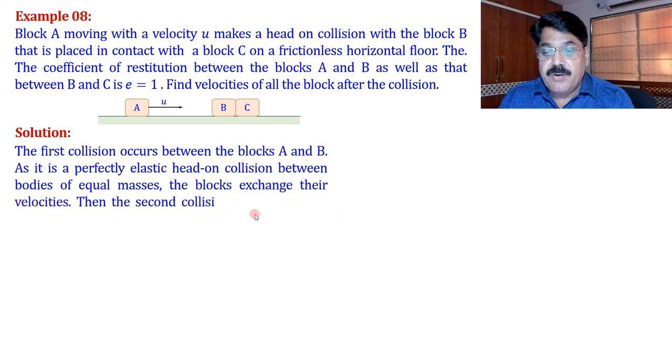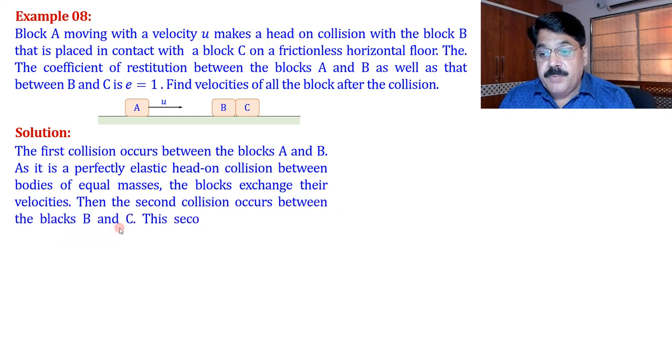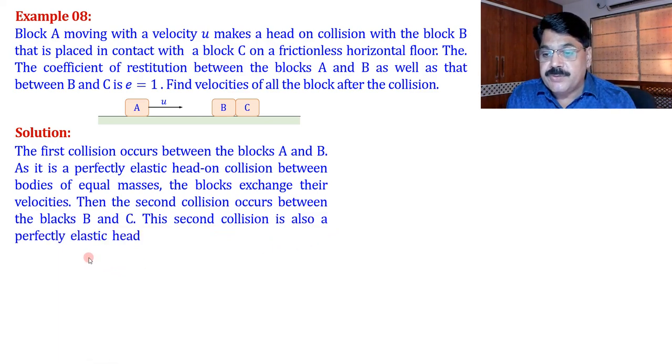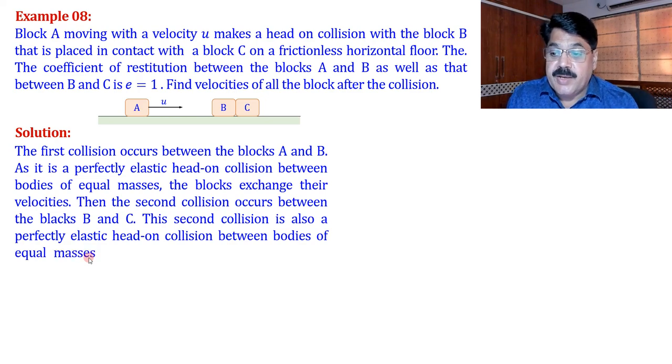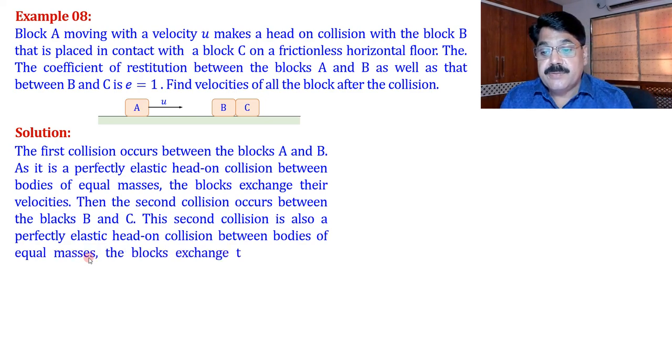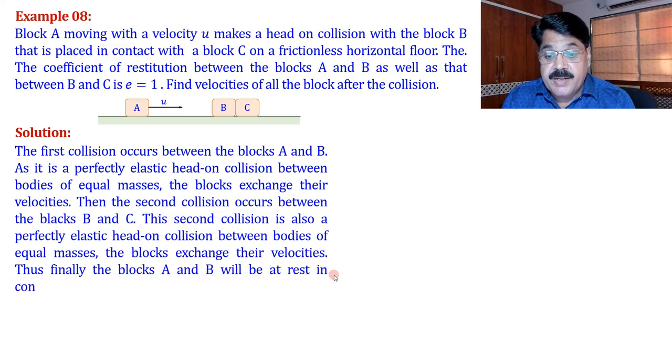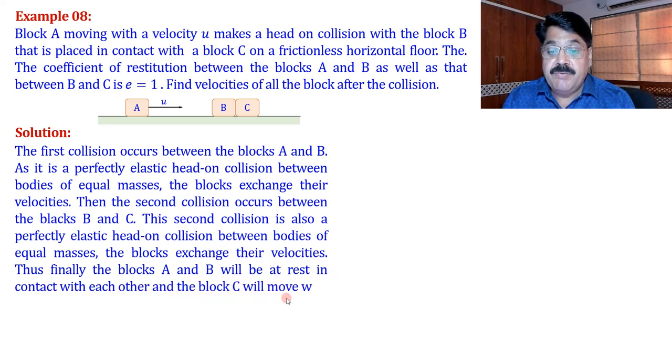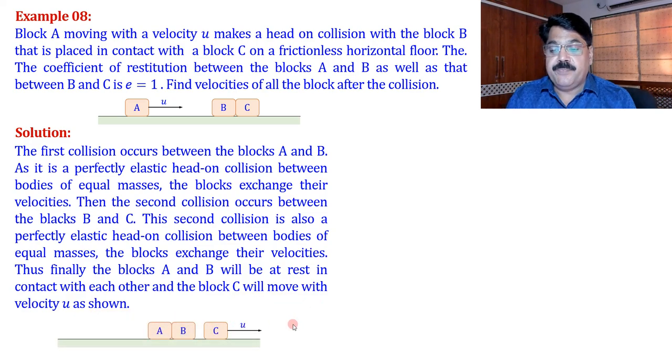Then the second collision occurs between the blocks B and C. This second collision is also a perfectly elastic head-on collision between equal masses, so again velocity exchange will take place. Thus finally the blocks A and B will be at rest in contact with each other, and block C will be moving with the velocity u, as shown here in this diagram.